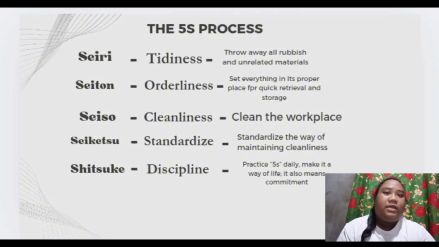Fourth, Seiketsu refers to standardizing all cleaning and organizing methods so everyone follows the same rules. Lastly, Shitsuke is discipline, meaning employees must practice the 5S steps consistently until they become a natural part of their daily work. Together, these steps create a cleaner, safer, and more organized workspace.